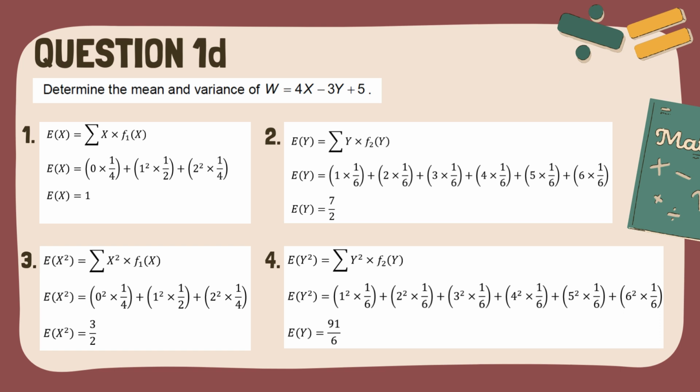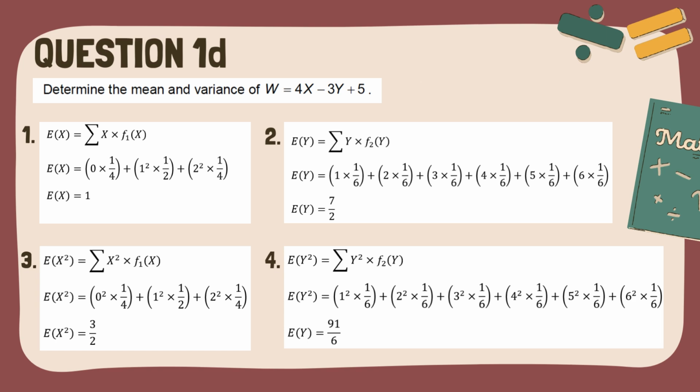After we multiply all of the numbers, we will get the expected value of X equals 1. The same goes for the expected value of Y. We multiply each value of Y by its probability and add them. The values of Y are 1, 2, 3, 4, 5, and 6, and all have equal probabilities of 1/6. After we multiply all, we will get 7/2.